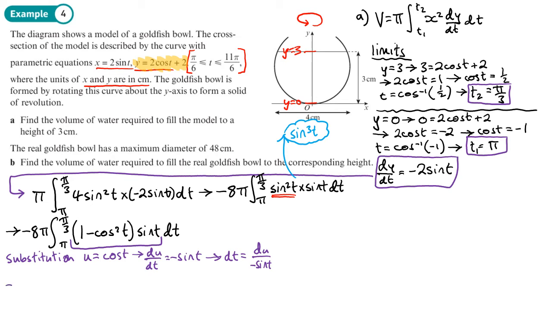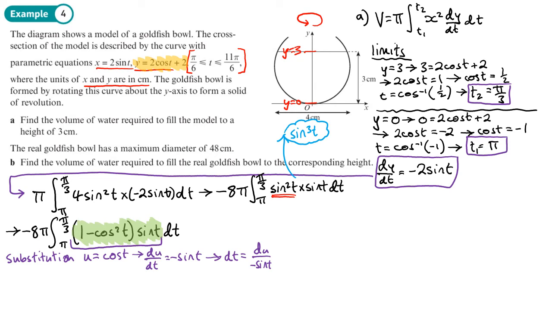Now I'm not going to change the limit, so I'm only focusing on this part here. Let me just highlight it. I'm not going to write all the integral sign out. I'm just using this to help me integrate.